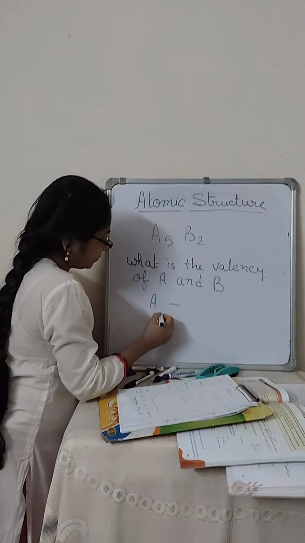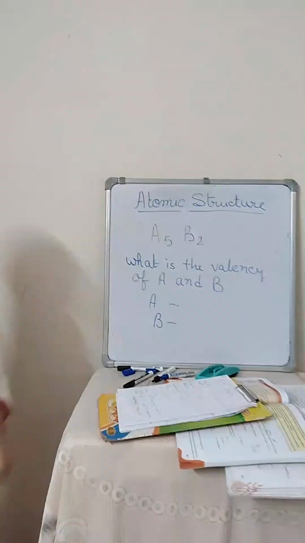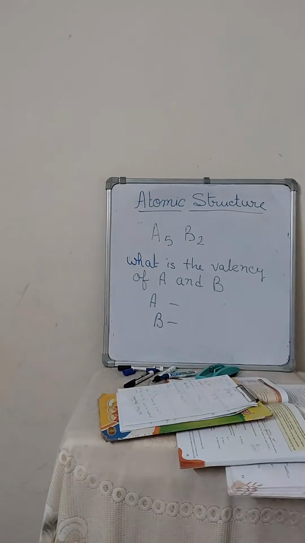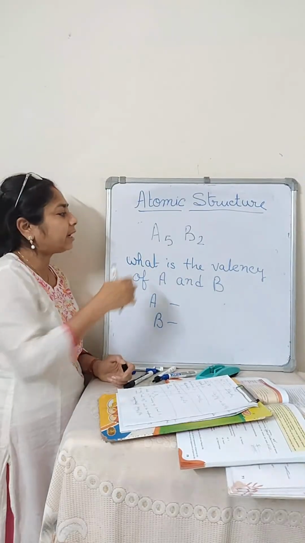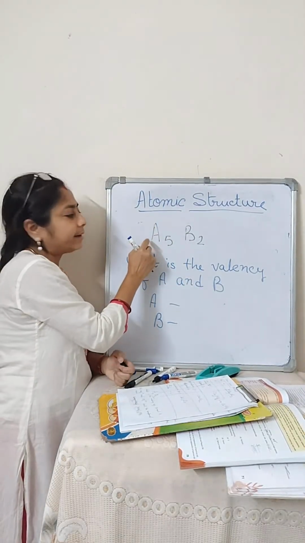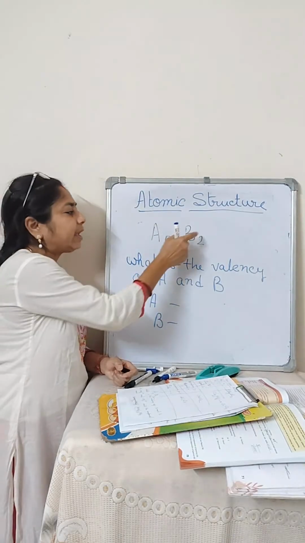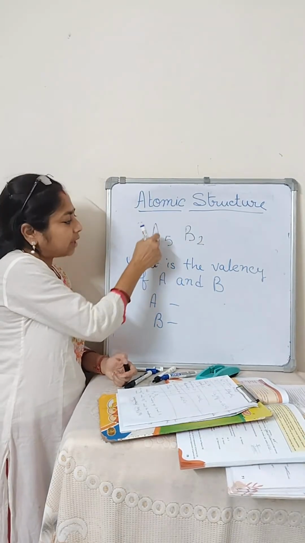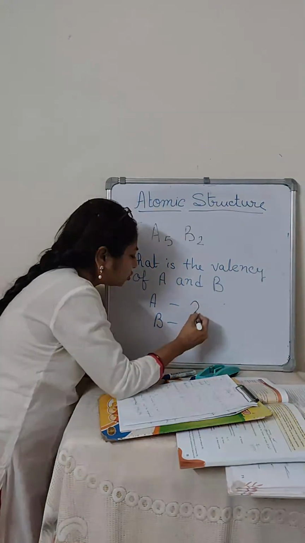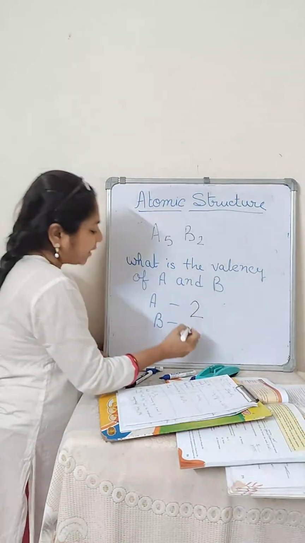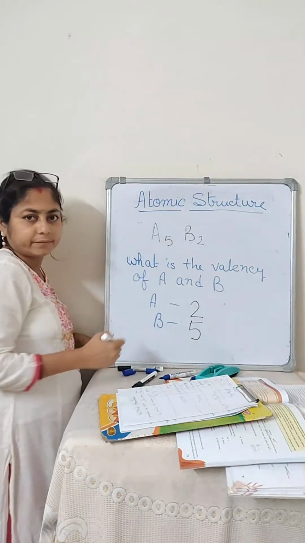Find out. Look, according to the crisscross method, A's valency I write at the bottom of B, and B's valency I write at the bottom of A. So A valency is 2 and B valency is 5. Clear?